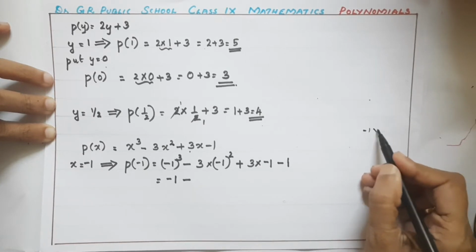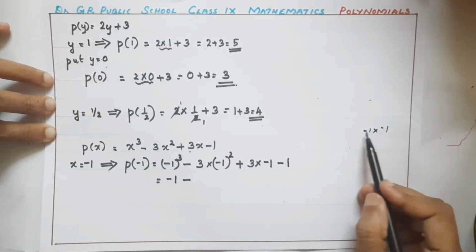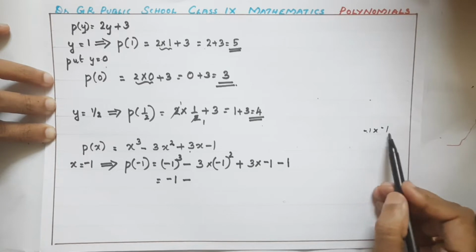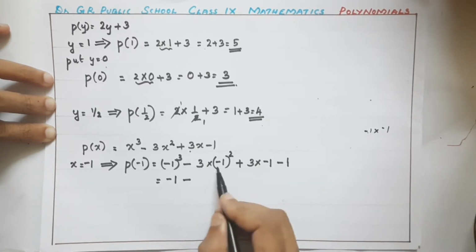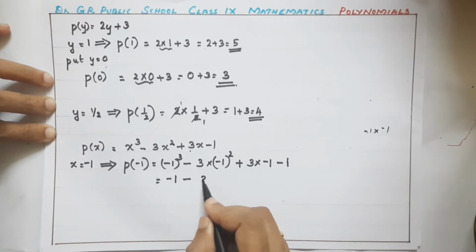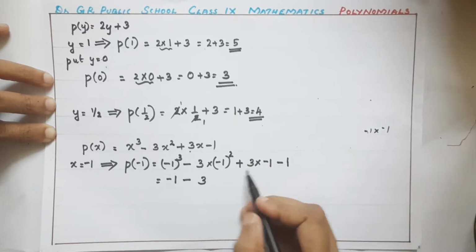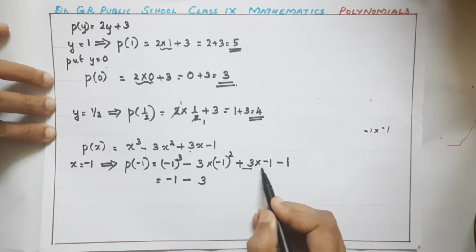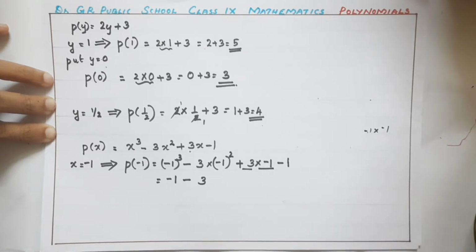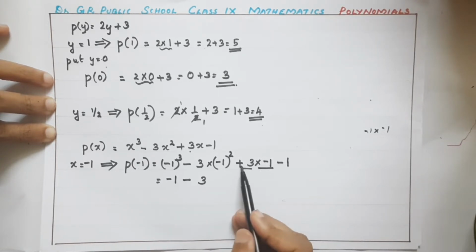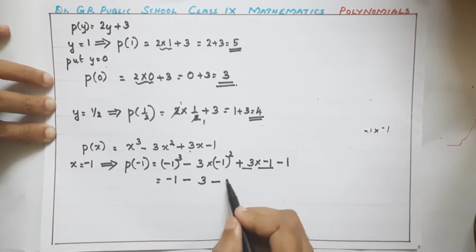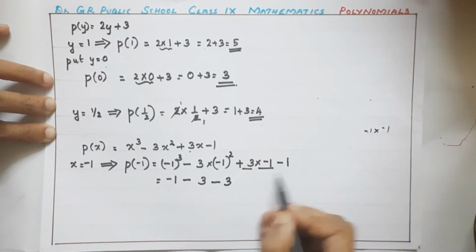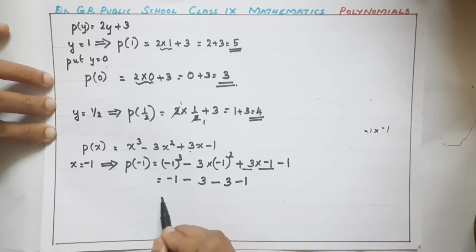What is minus 1 into minus 1? Negative into negative is positive. Then 1 into 1 is 1. So 3 into 1. What is 3 into 1? 3. Then we have plus 3 multiplied by minus 1. What is positive into negative? Negative. Now 3 into 1 is 3. Now we have minus 1.